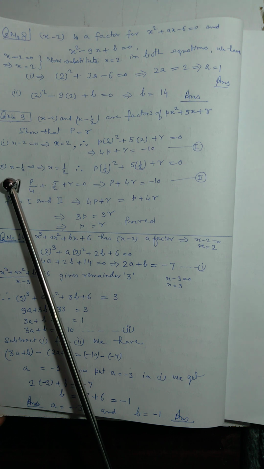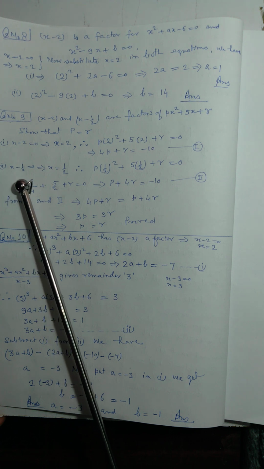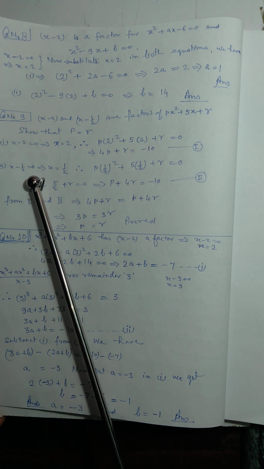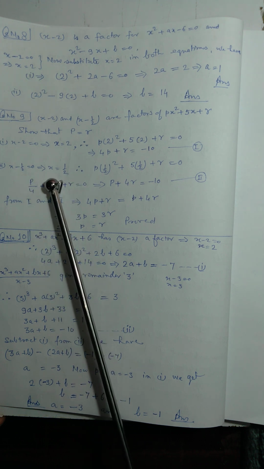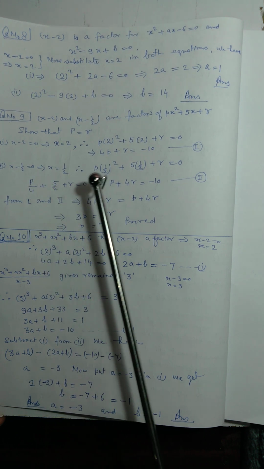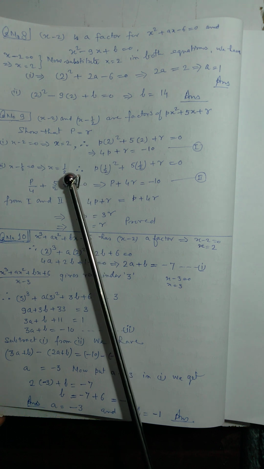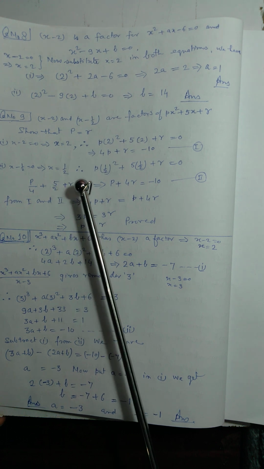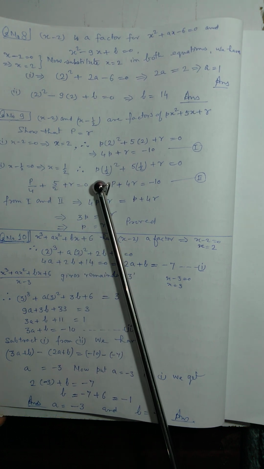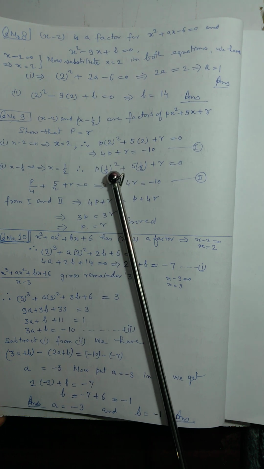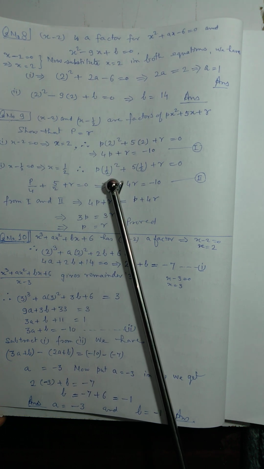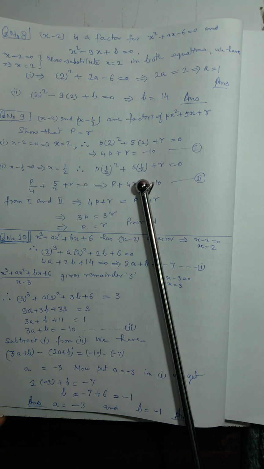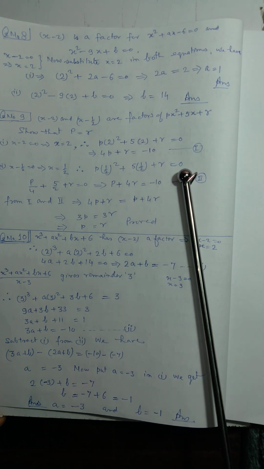Now x minus 1 by 2 is a factor, that is equal to 0, so x will be equal to 1 by 2. Now substitute the value of x, that is x is equal to 1 by 2, in the given expression, that is p inside the bracket 1 by 2 whole raised to power 2 plus 5 into 1 by 2 plus r equal to 0.